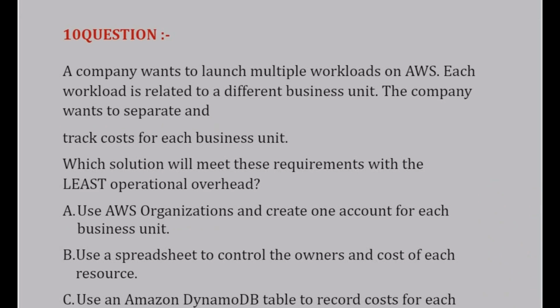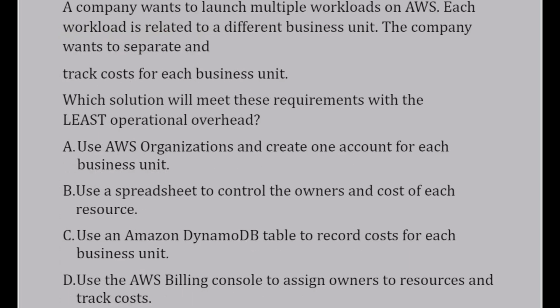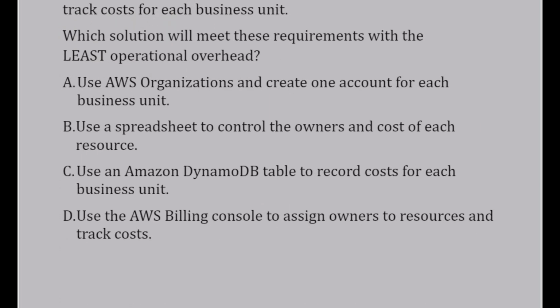Question is, a company wants to launch multiple workloads on AWS. Each workload is related to a different business unit. The company wants to separate and track cost for each business unit. Which solution will meet these requirements with the least operational overhead? Option A, use AWS Organizations and create one account for each business unit.